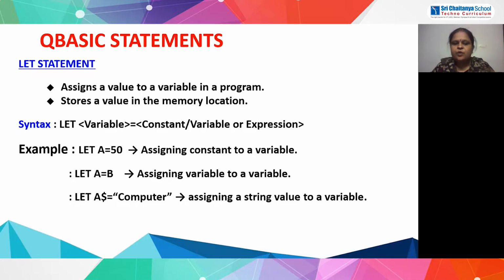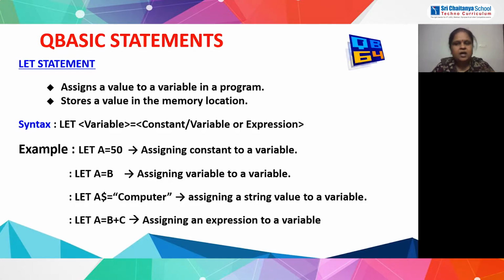Here I am assigning a string value to the string variable. Next, you can see LET A = B + C. Here I am assigning an expression, so whatever the sum of B plus C is, that value will be saved in the variable A.